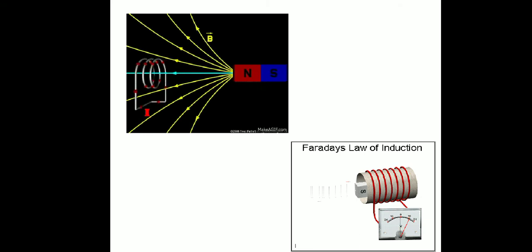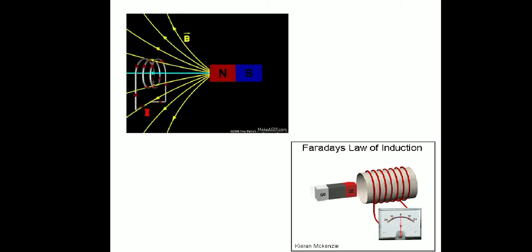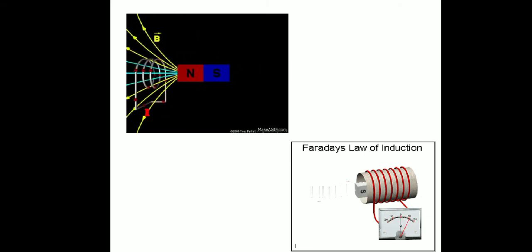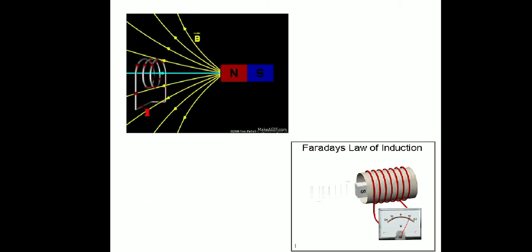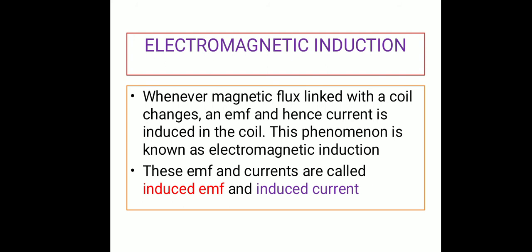With all these experimental observations and conclusions, Faraday formulated the two laws of electromagnetic induction. The first law is: whenever the magnetic flux linked with the coil changes, an EMF, and hence a current, is induced in the coil. This is known as electromagnetic induction.